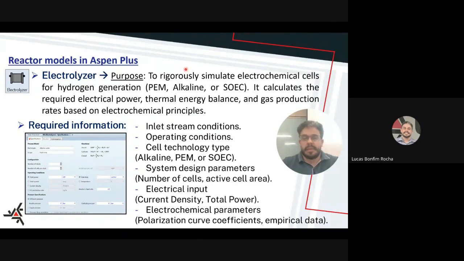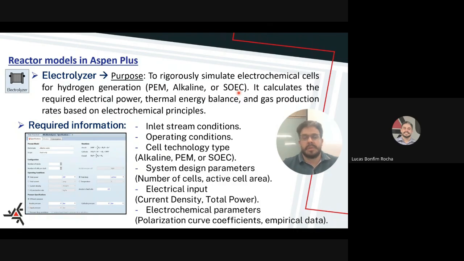We have the PEM technology, considering here an electrolyzer with membranes, the alkaline electrolyzer with some alkaline fluids that are used for promoting the reaction of electrolysis, and the solid state electrolyzer that's known as SOEC. And it calculates the required electrical power, the thermal energy balance, and the gas production rates based on electrochemical principles.